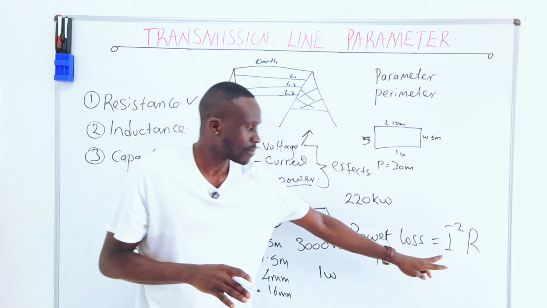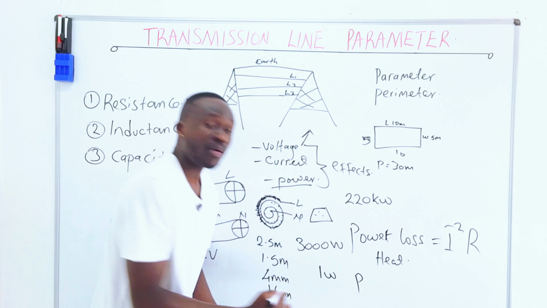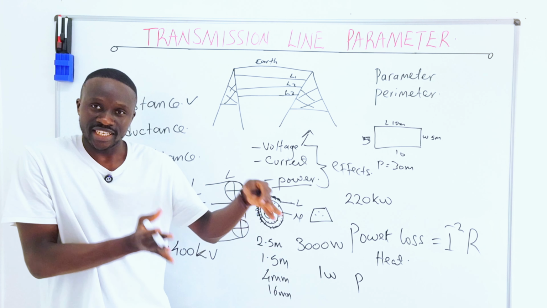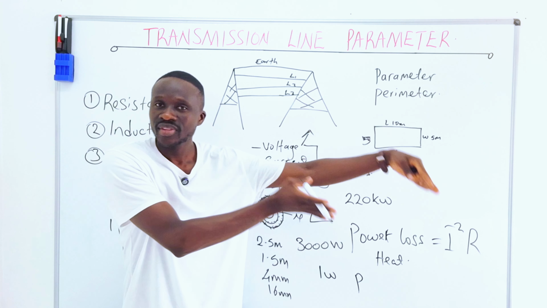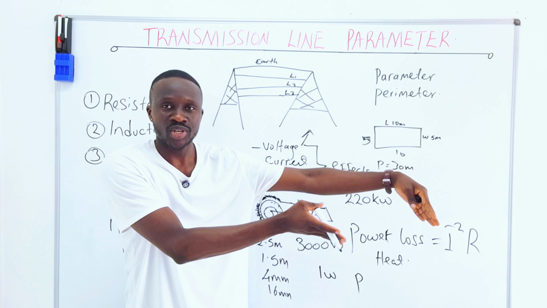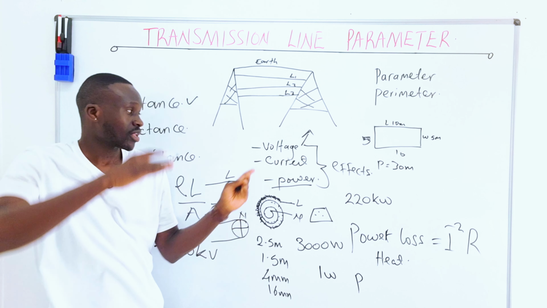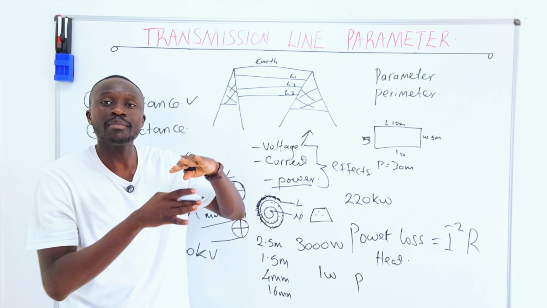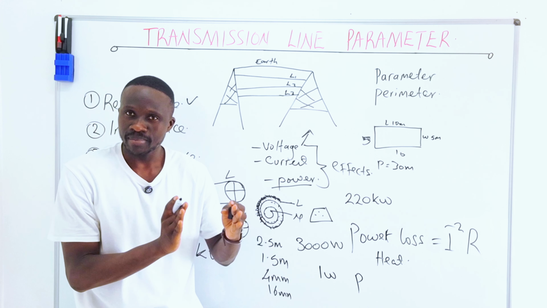That's why the power which is generated will be the same power which you reach at the point after transmitting. Once you increase the voltage, current will come down, and our power will stay the same.